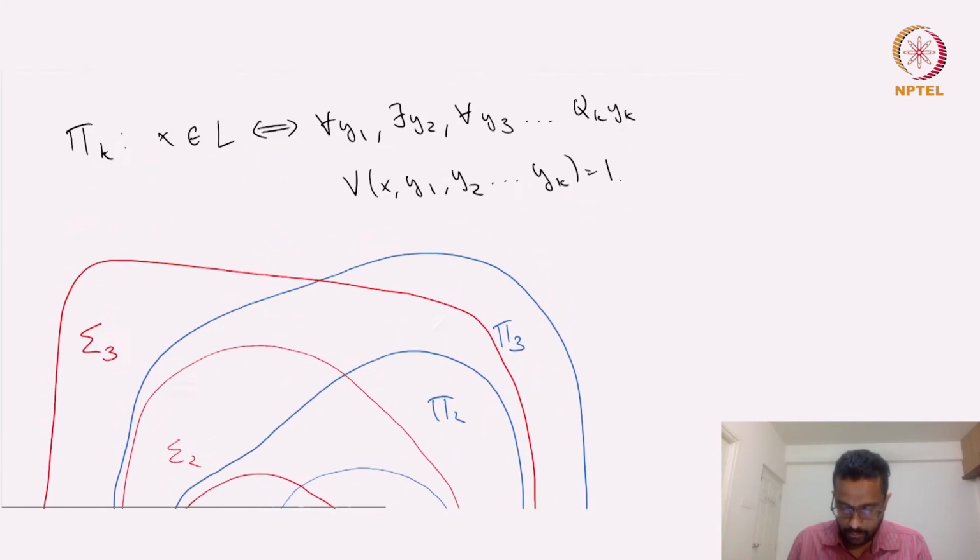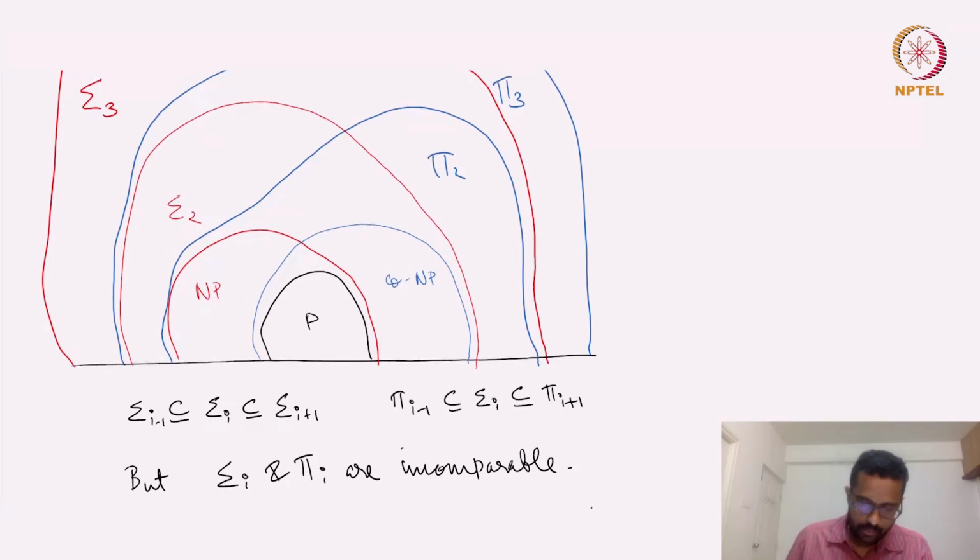So it's like this. We know that P is contained in both NP and co-NP. However, we do not know whether NP and co-NP are the same. Both of them contain P, but there are things in NP which are not known to be in co-NP, and vice versa, things in co-NP that are not known to be in NP. Now you can consider sigma 2 as containing all of this, P, NP and co-NP, and pi 2 also contains P, NP and co-NP.